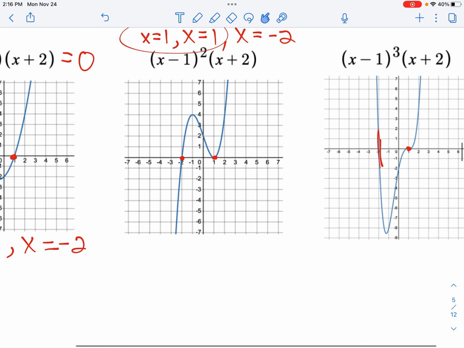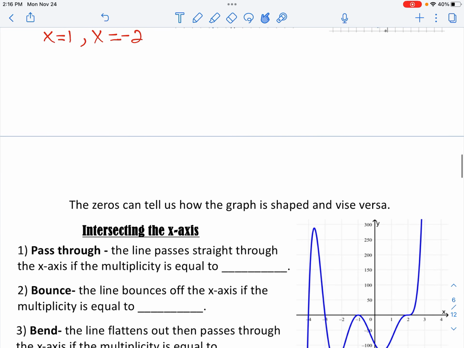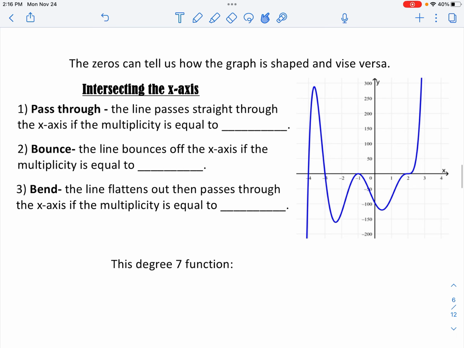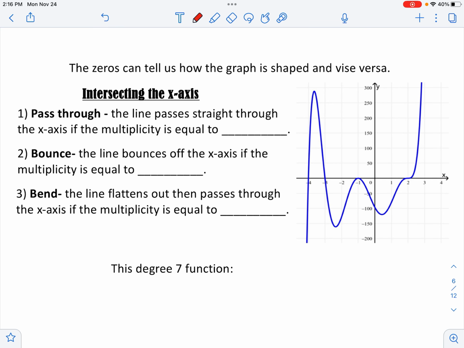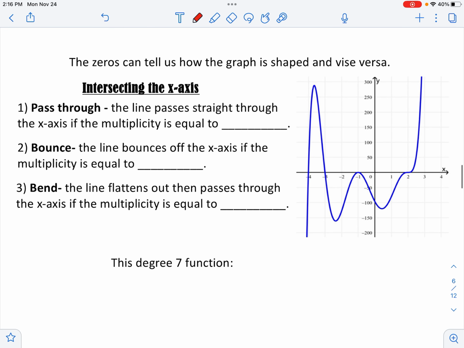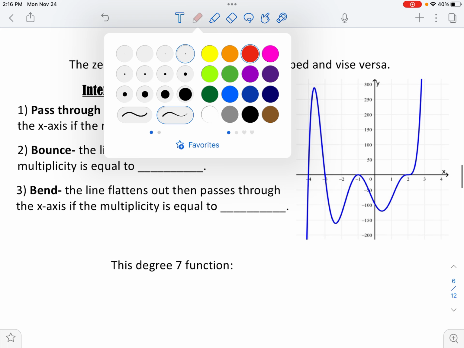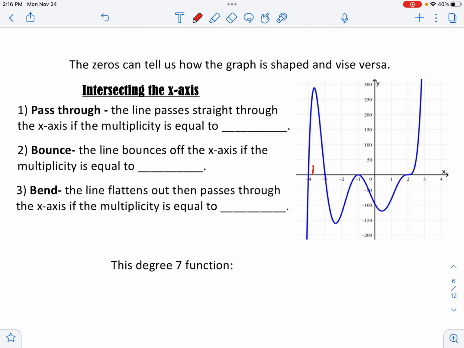So if the line passes through like it does right here, there we go, right there, passes straight through the x-axis, then the multiplicity is going to be 1. Okay.